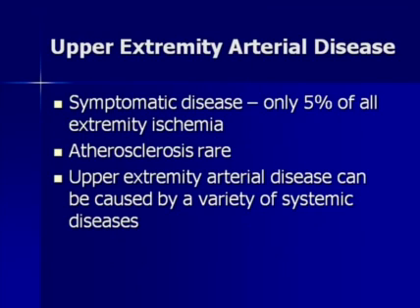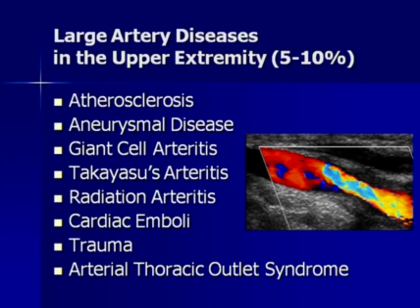Well, in terms of upper extremity arterial disease, it's certainly not all that common. In fact, it only accounts for about 5% of all symptomatic extremity disease. It's pretty uncommon for us. Atherosclerosis is a player, but it's relatively rare, and most of the upper extremity arterial disease we see can actually be caused by a variety of other diseases, and they're listed here.